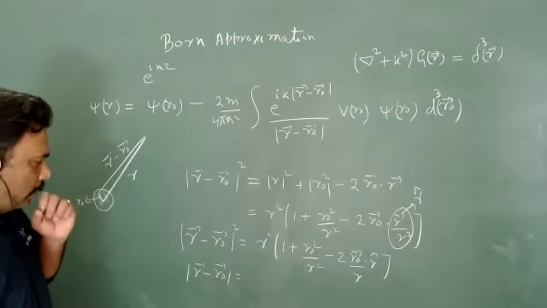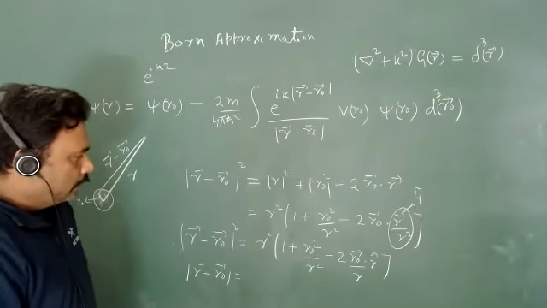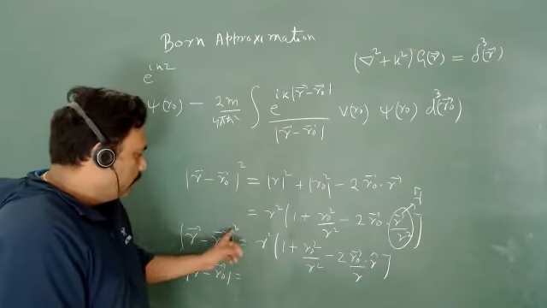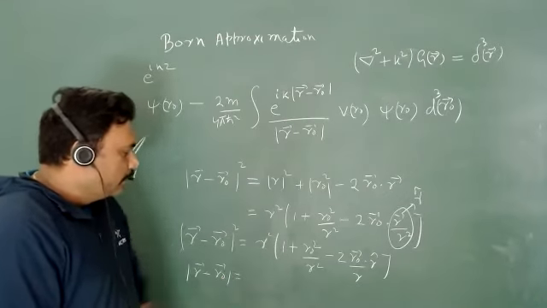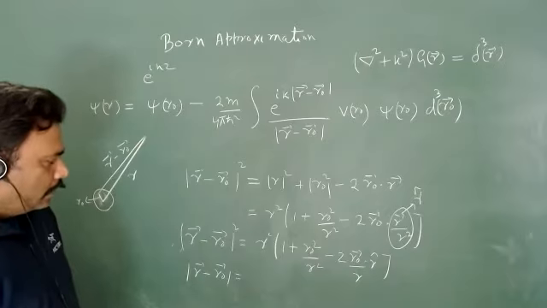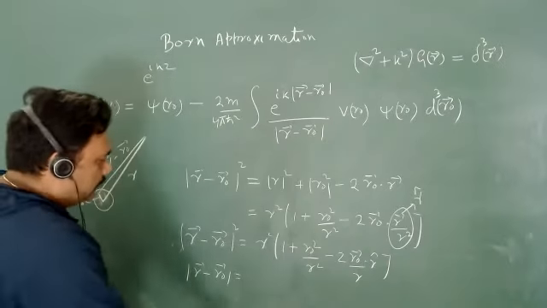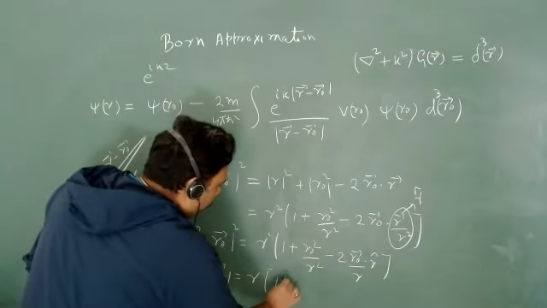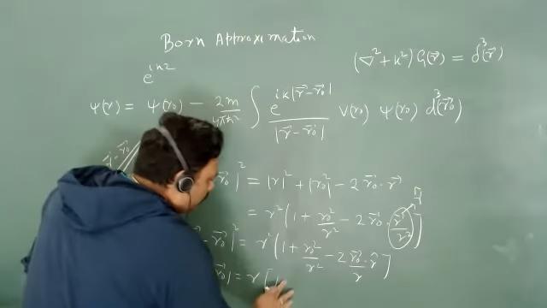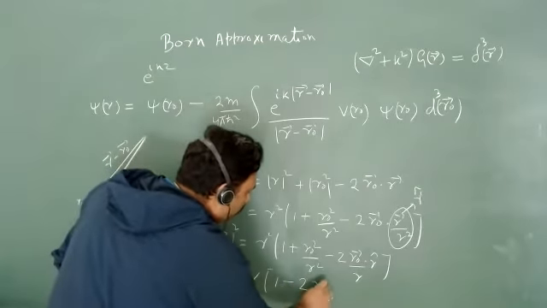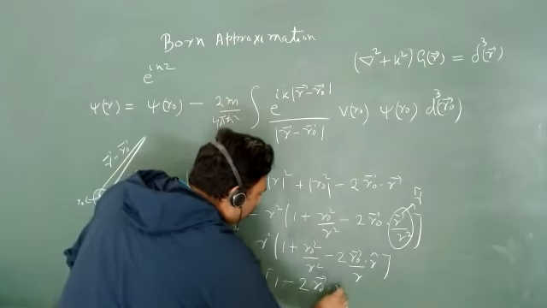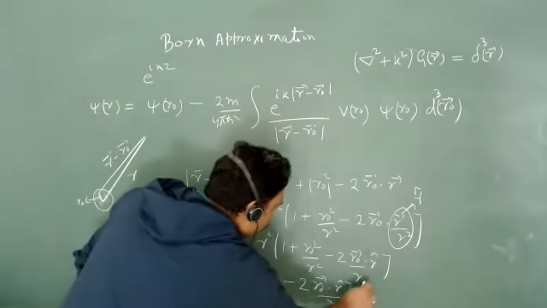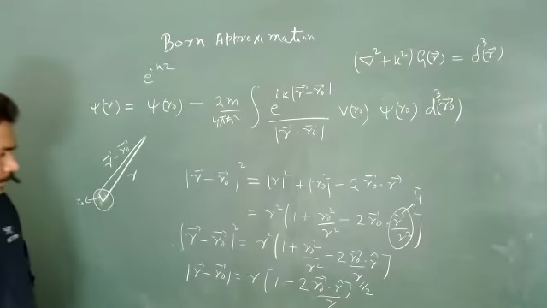Okay, if we are doing this square part, then I can take this thing as r, and 1 plus, and this thing I can neglect, 1 minus 2 r naught dot r cap by r to the power half.